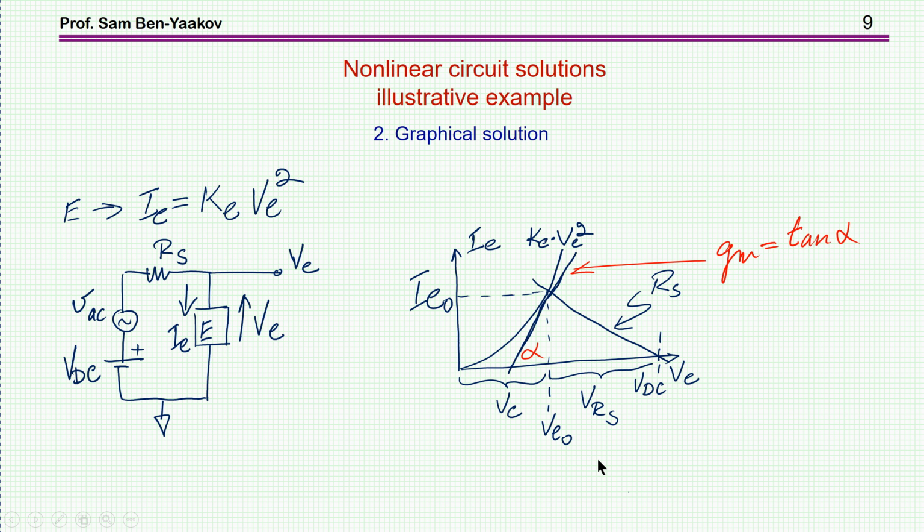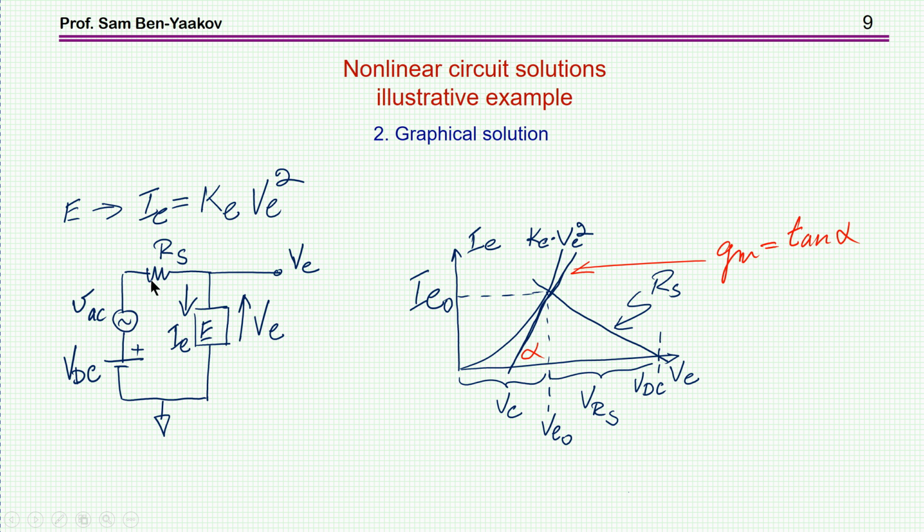There is a way to do it graphically. I'm representing it here only because it sort of brings in an insight into what is really happening, and that is you can draw the function of the nonlinear element, here it is, and then draw the slope of the resistor starting from VDC.